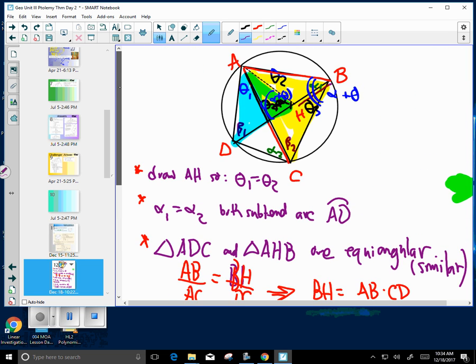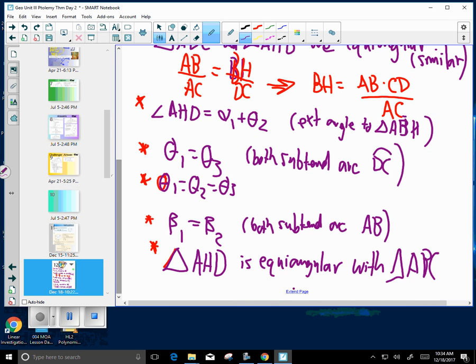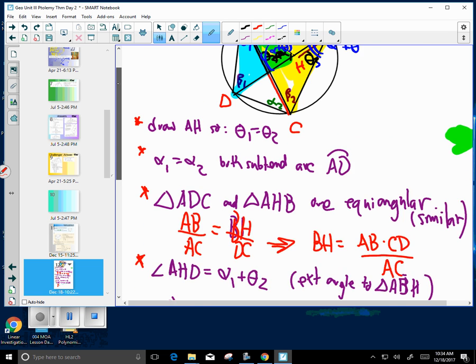That's a big challenge, but these are subtending AB. These two are going to be equal to each other, so now they have to be equiangular. If they're equiangular, now we can do our final fun thing here, and that is that HD over BC, so let's take a look at that.